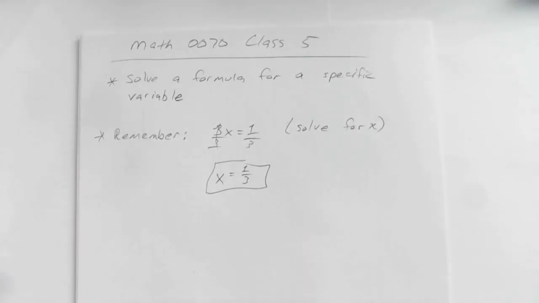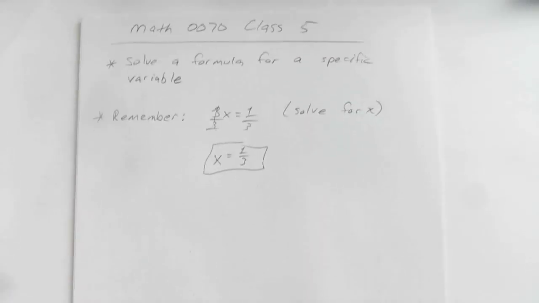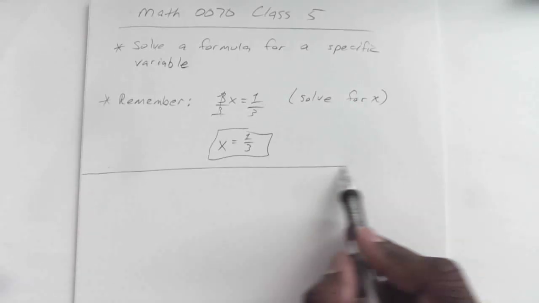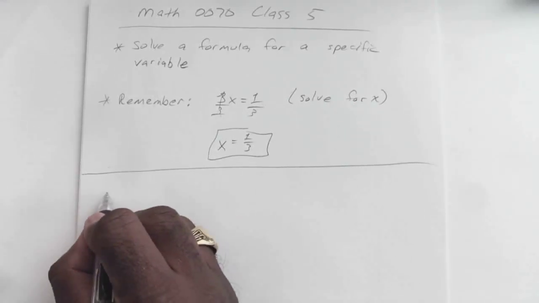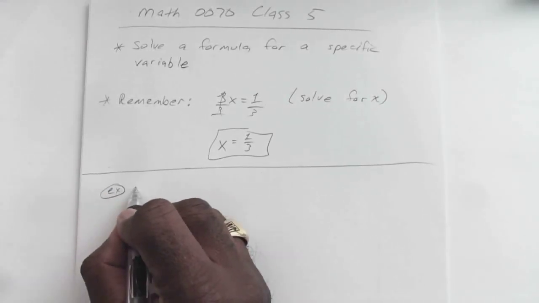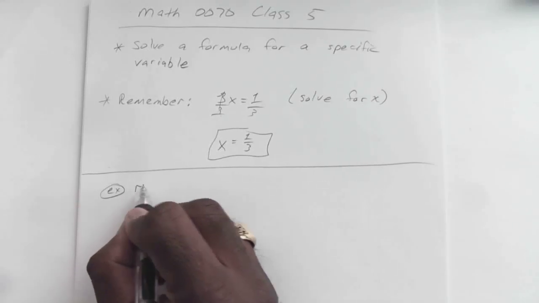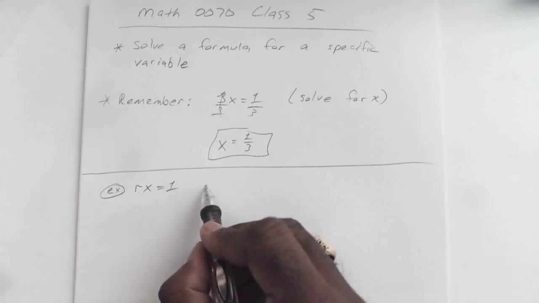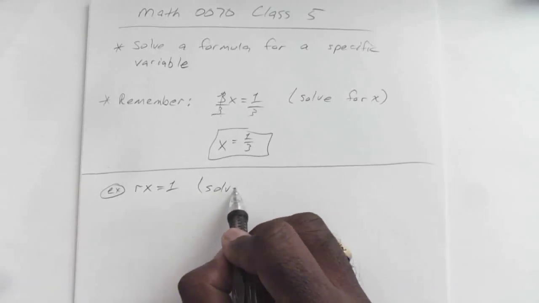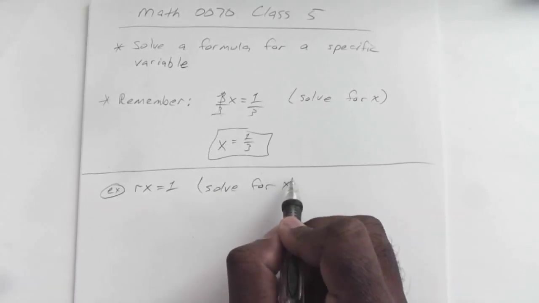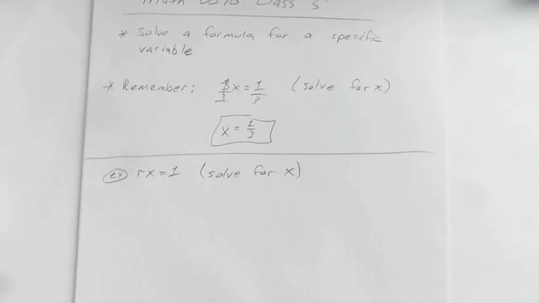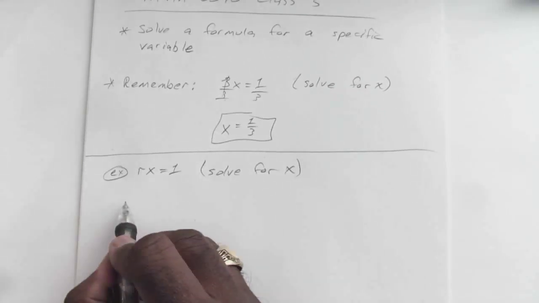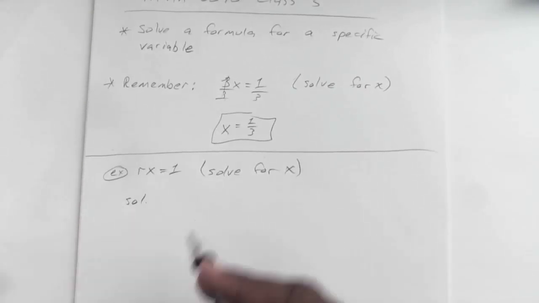Okay. So let's say instead of 3x equals 1, you wanted to have rx equals 1, and you still wanted to solve for x. Here you do the exact same thing.